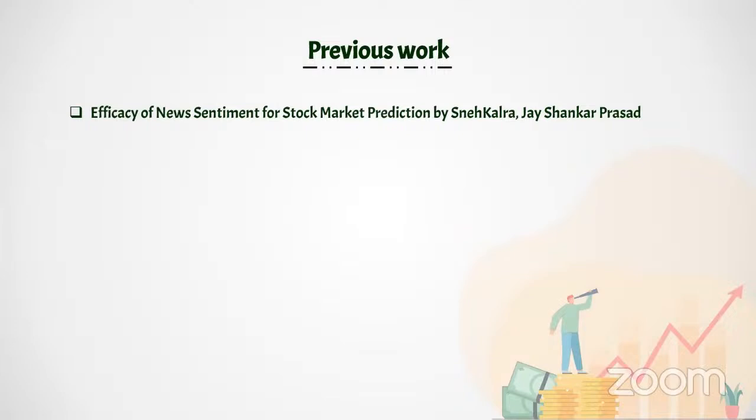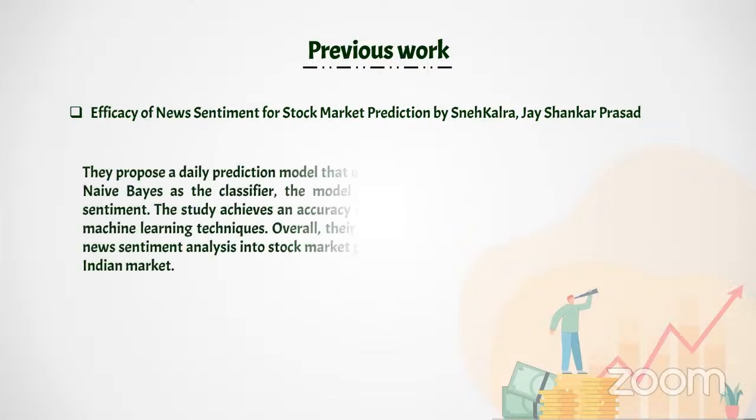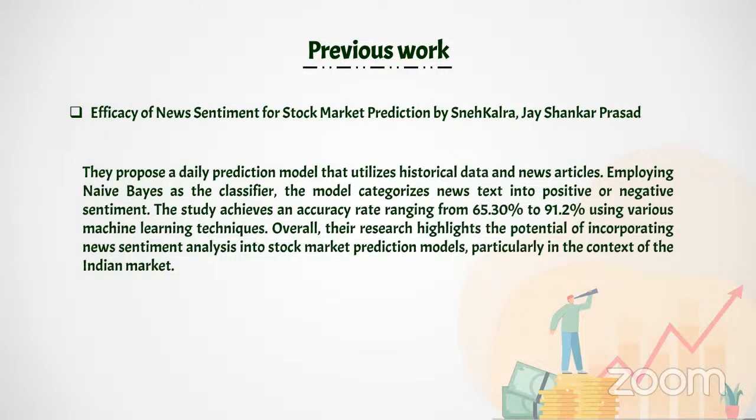Another one, efficiency of news sentiment for stock market prediction by Joshi Shankar Prasad et al. They proposed a daily prediction model that utilized historical data and news articles. Employing naive Bayes as the classifier, the model categorized news text into positive or negative sentiment.